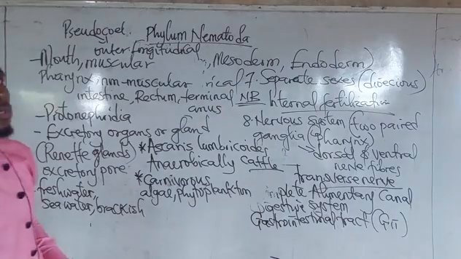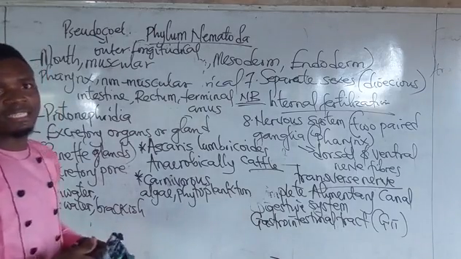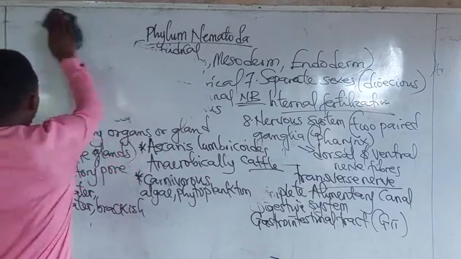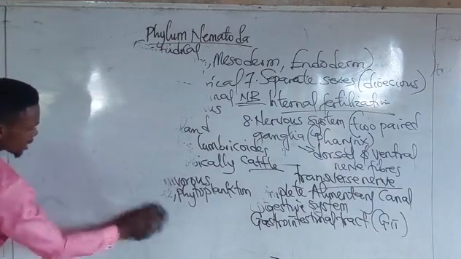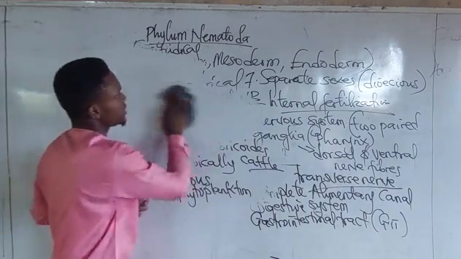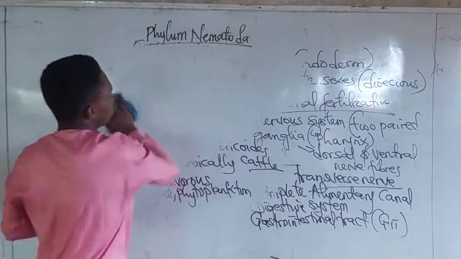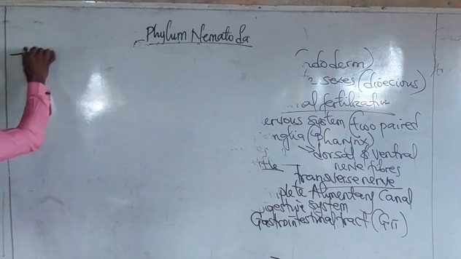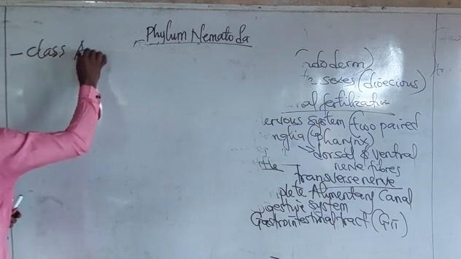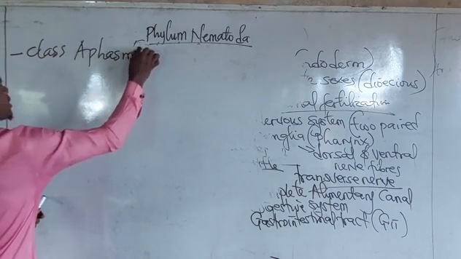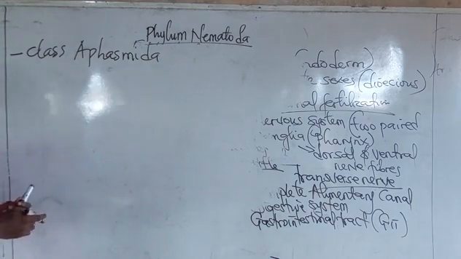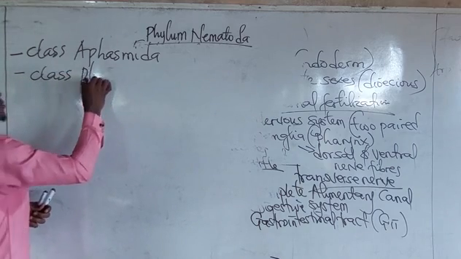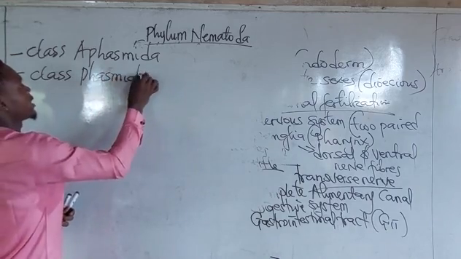Now phylum Nematoda is divided into two classes. It's divided into class Aphasmida and class Phasmida.